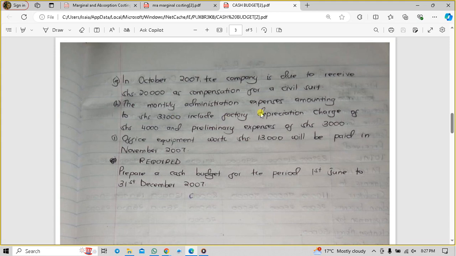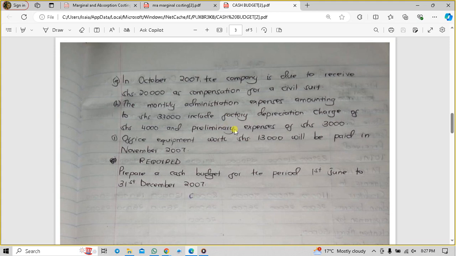Depreciation is a provision, so we don't consider it as a cash inflow or a cash outflow. Also, preliminary expenses are not considered. So we are going to say 33,000 minus 4,000 minus 3,000 for us to know what we are going to pay in administration expenses every month.